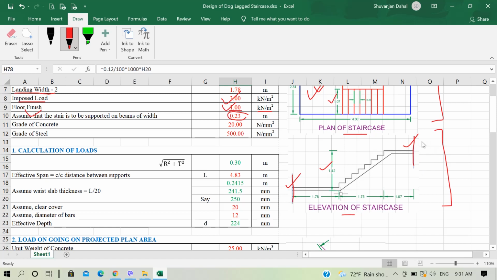And if you draw further, then you can see that our staircase is supported on a beam of width 230 mm. This is the column. Outer lines are the column, and then inside it is supported by beams of width 230 mm. Or this beam may be attached here also.